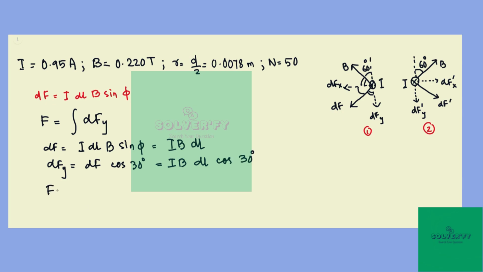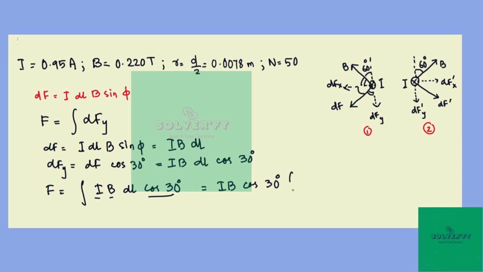So the total force, which is the integration over this value, is equal to the integral of I times B times dl cos 30 degrees. We can see that current, magnetic field, and cos 30 degrees are basically constants.